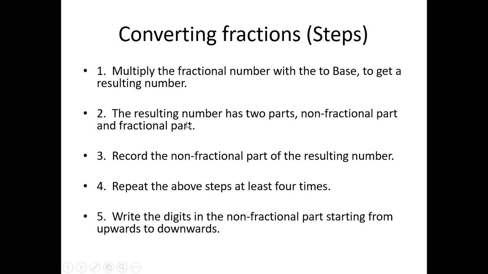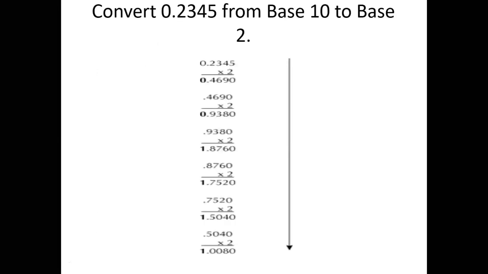You record the non-fractional part of the number, and then you multiply the fractional part of the number. You repeat this step at least 4 or 5 times, and then you write the digits of the non-fractional parts, starting from the top going down. Don't worry, let's do an example so that this can make sense.